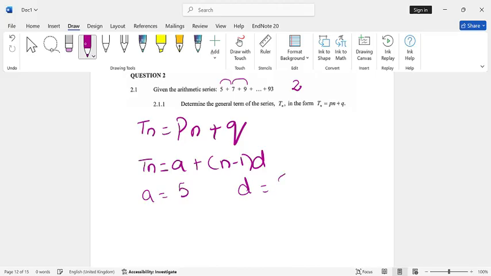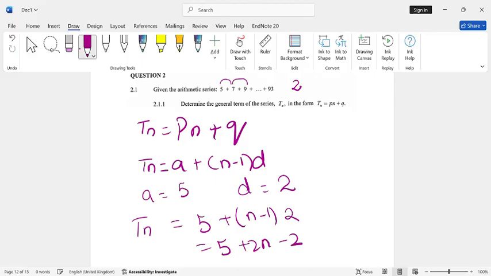As you know, we have A equals 5 and the difference is equal to 2. So I'm putting the values over here in the formula of Tn and we get 5 plus (n minus 1) into 2. So we get 5 plus 2n minus 2.